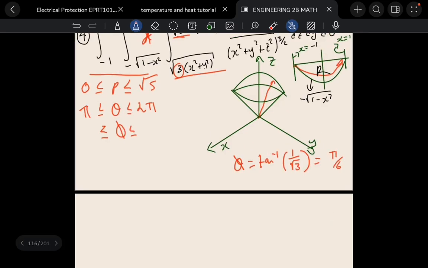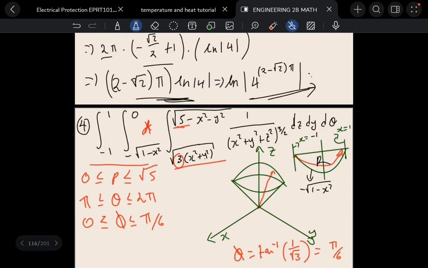So your minimum value of phi is 0, and it's going to be pi over 6, like that. So you need to understand, whenever you're given a problem in integral form, you should work with a different procedure.